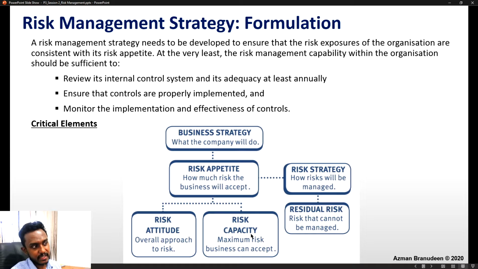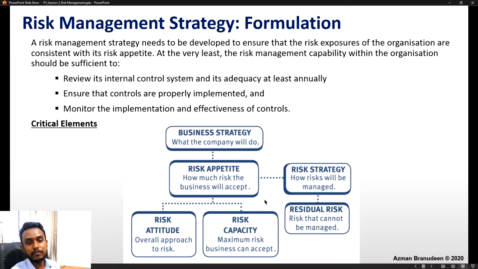The best way to understand it is, especially during the COVID-19 environment, for example. It's a difficult situation. In such a situation, there can be a company with a high level of risk capacity. The maximum risk the business can accept can be very high. They might be highly liquid, but their risk appetite, the amount of risk the business will accept, can be low.